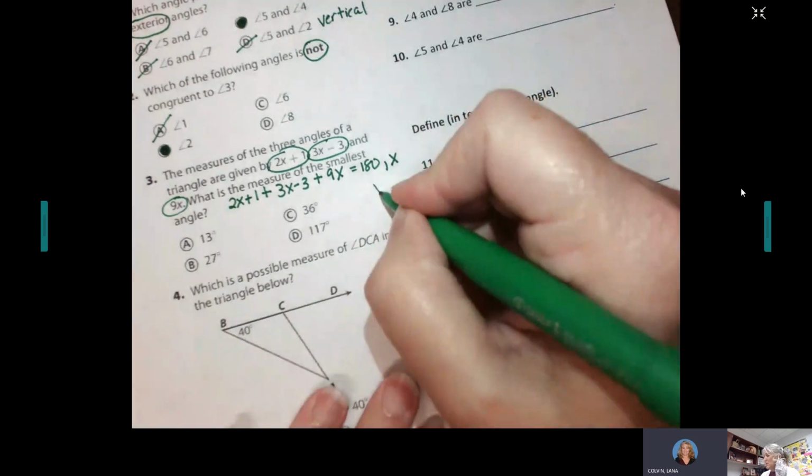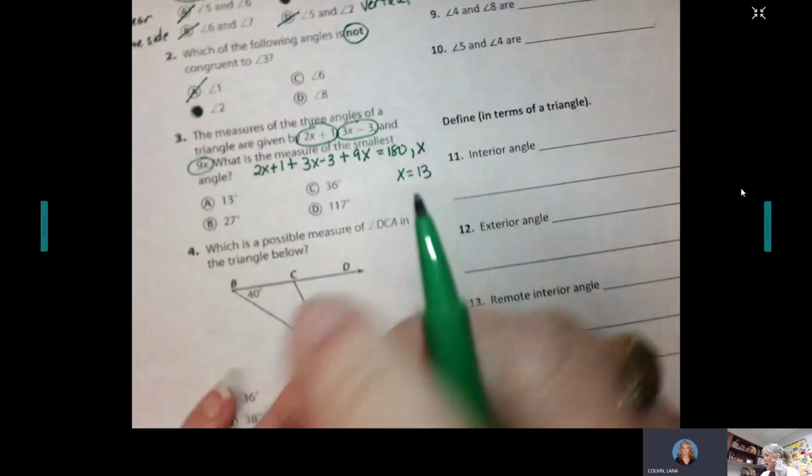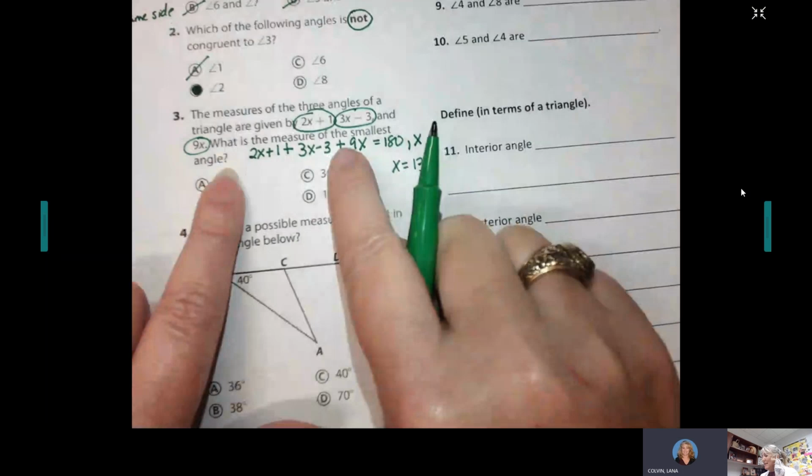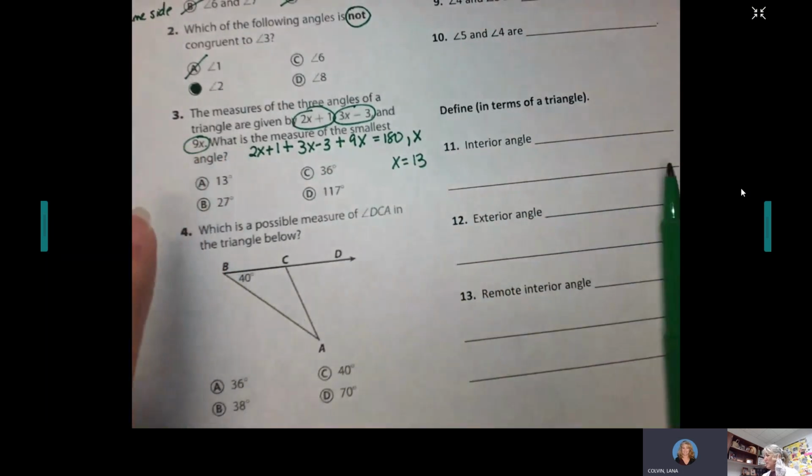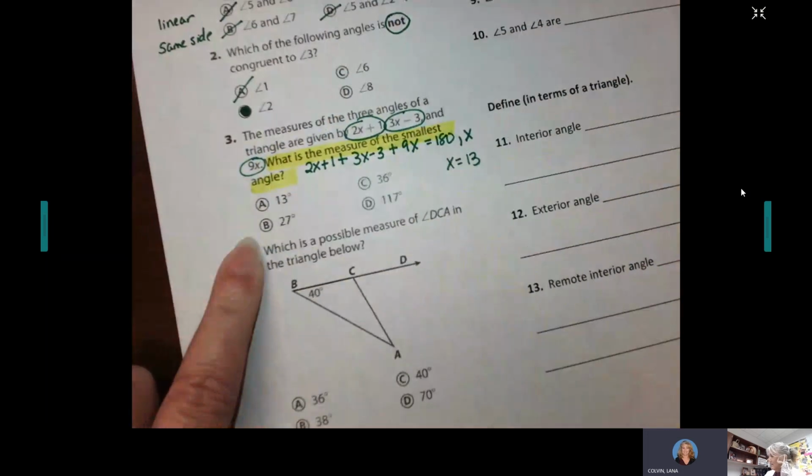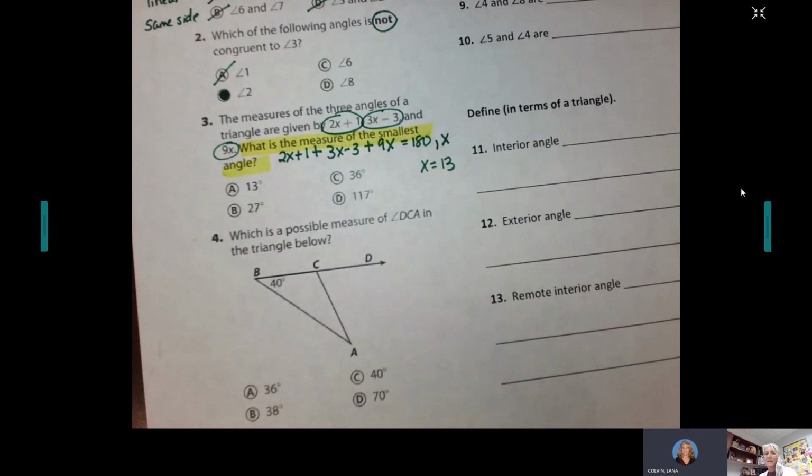What did you get when you solved this? X equals 13. Now, here's the problem. How many of you chose A? A is not the answer. They didn't ask us to solve for X. What does the question say? I just highlighted it.